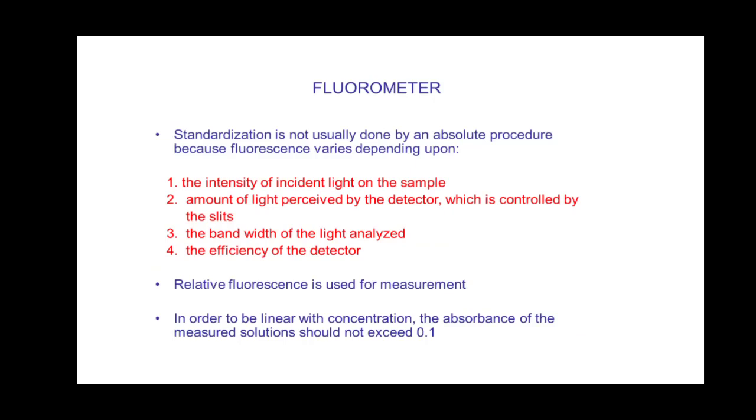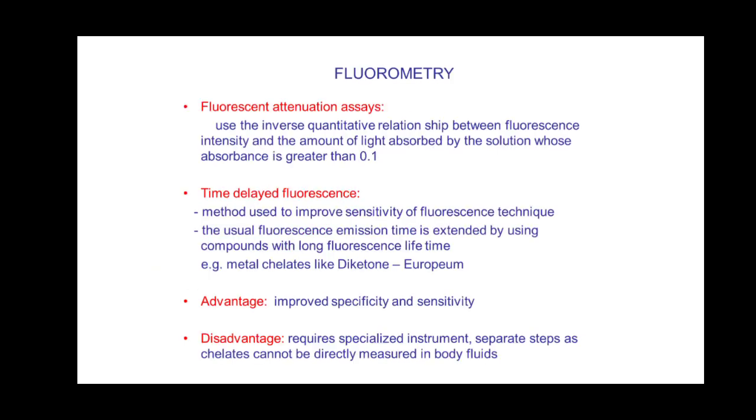Standardization is not usually done by an absolute procedure, because fluorescence varies depending upon the intensity of the light incident on the sample and the amount of light received by the detector, which is controlled by the slits, the bandwidth of the light analyzed, and the efficiency of the detector. So these are the dependent factors for the fluorometer, and relative fluorescence is used for the measurement.